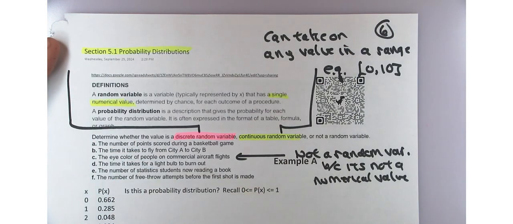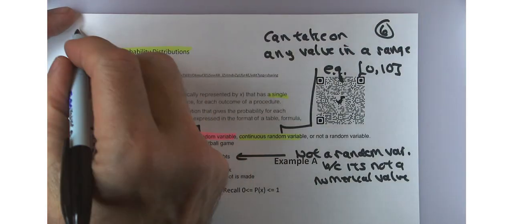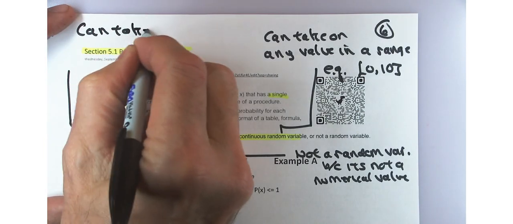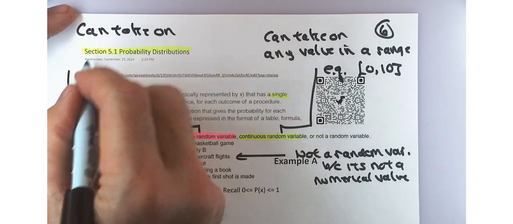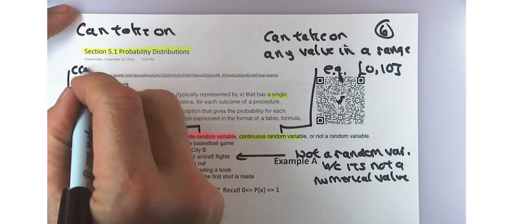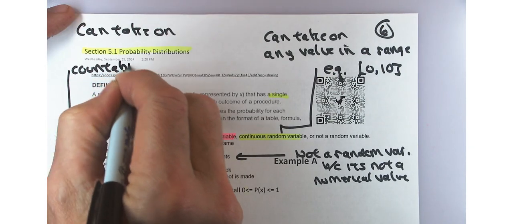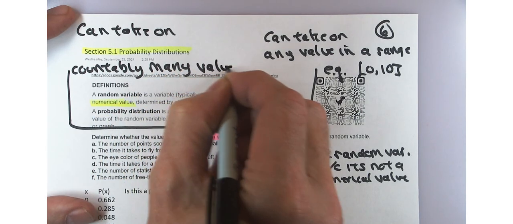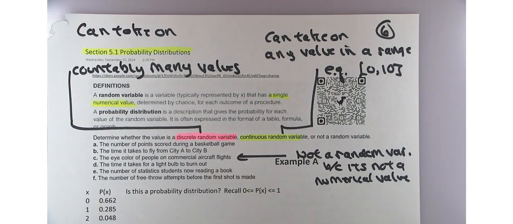So here, this can take on countably many values. But it's not continuous. It can't take on just any particular value. There's gaps in between the values that it can take on.